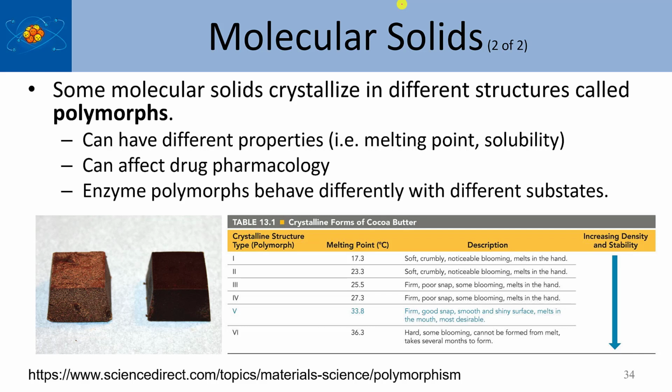The other area actually turns out to be in biochemistry. Enzymes turn out to have polymorphs, and you can actually have polymorphs of one enzyme distributed within one organism, and each polymorph has a slightly different property or behavior with a different substrate.